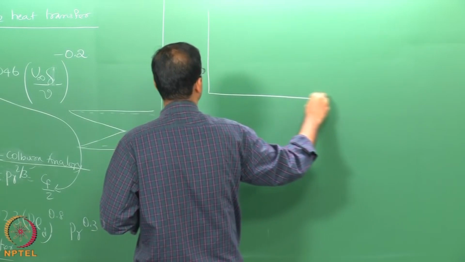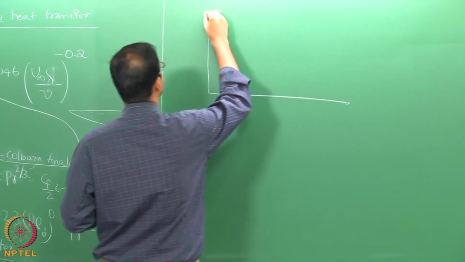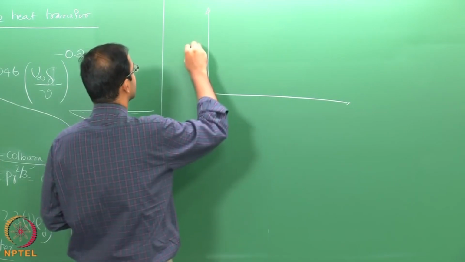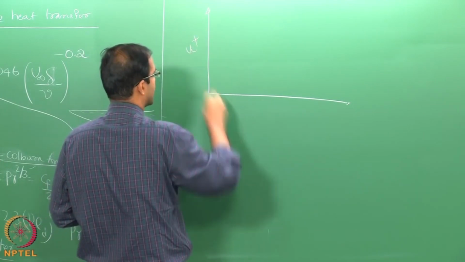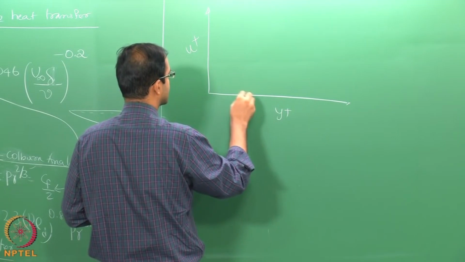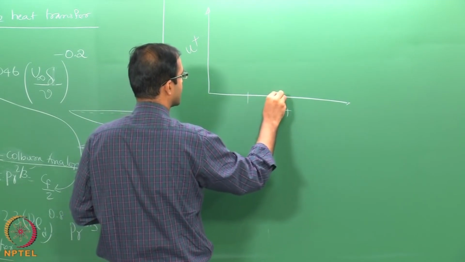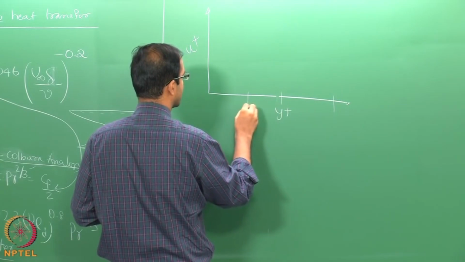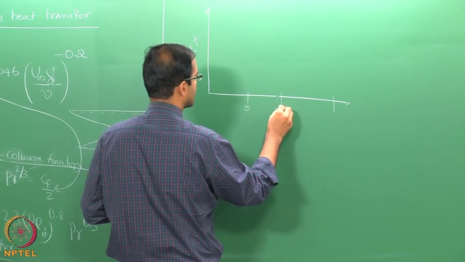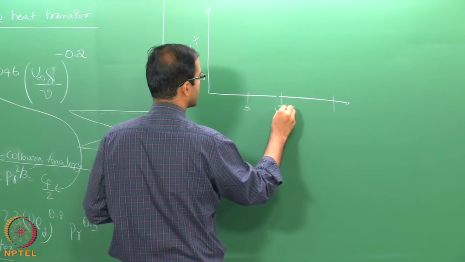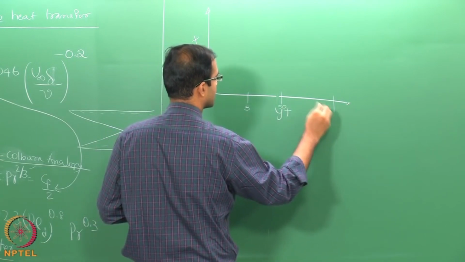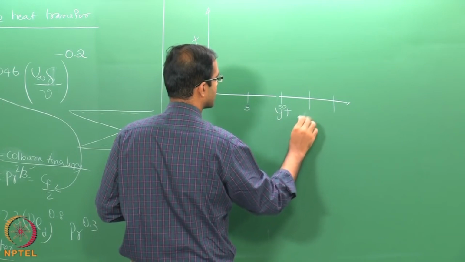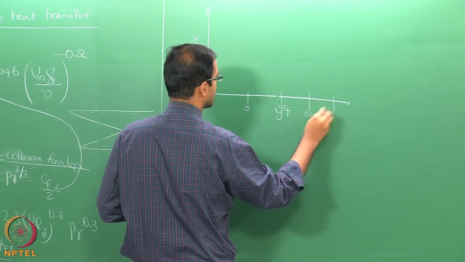We have seen that the entire turbulent boundary layer profile can be divided into 3 regions. If you plot u plus and y plus on a log scale, for example, you have 5 here, 50, 100, 500 and so on.